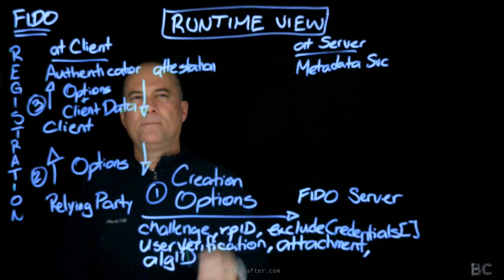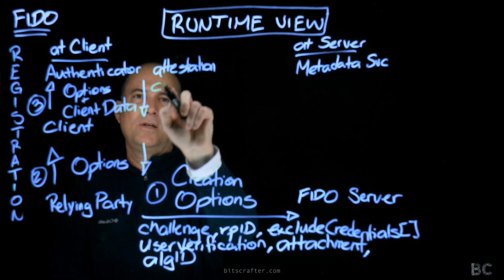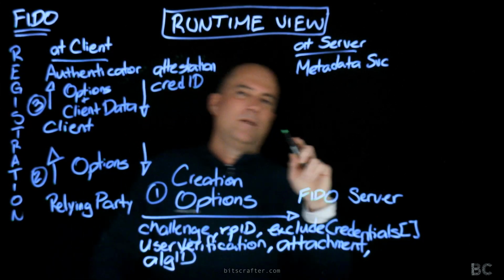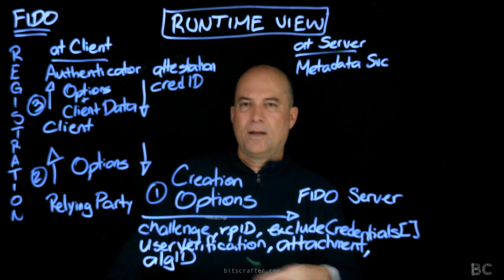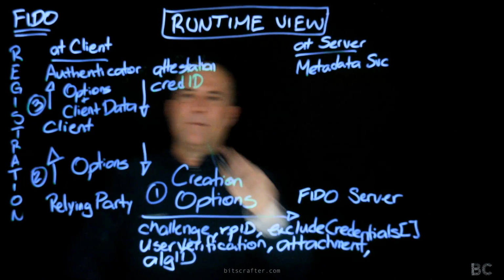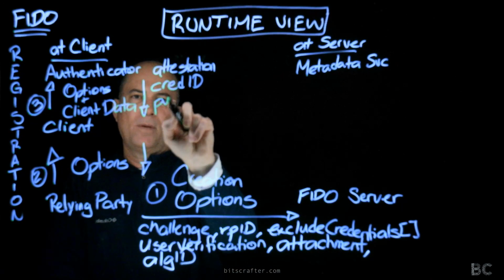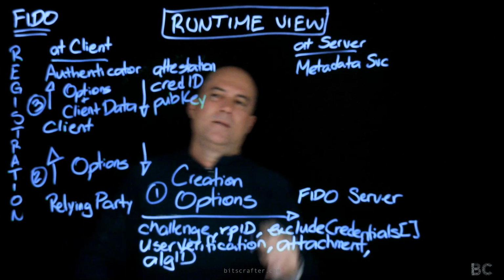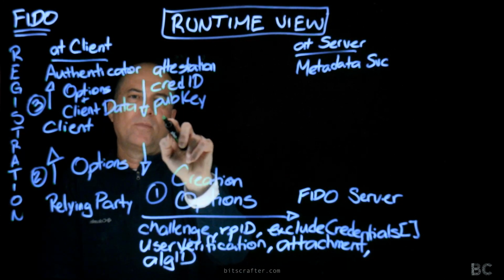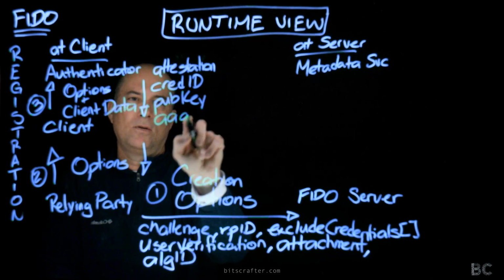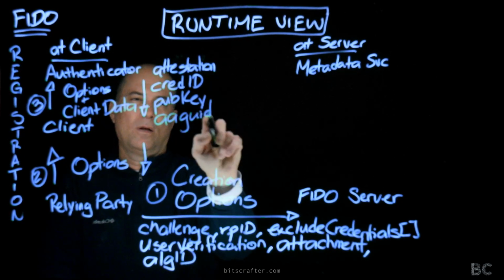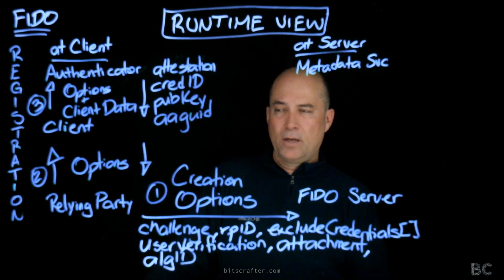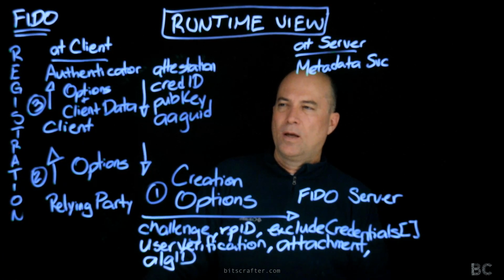Another parameter is the credential ID. So the key pair is assigned an ID. Another one is the public key. Another one is something called AAGUID, which stands for Authenticator Attestation GUID.